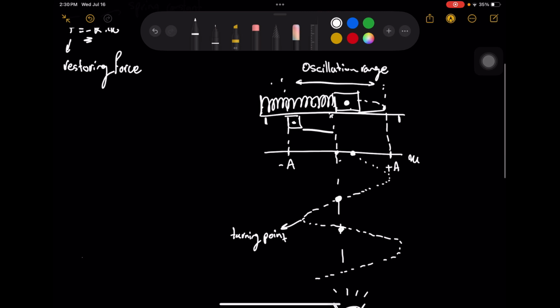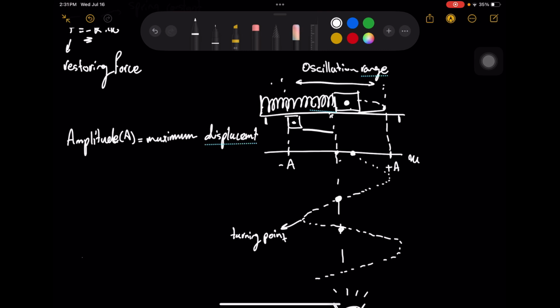Now let's define some important terms. Amplitude, or A. As we said, amplitude is the maximum displacement from the equilibrium.